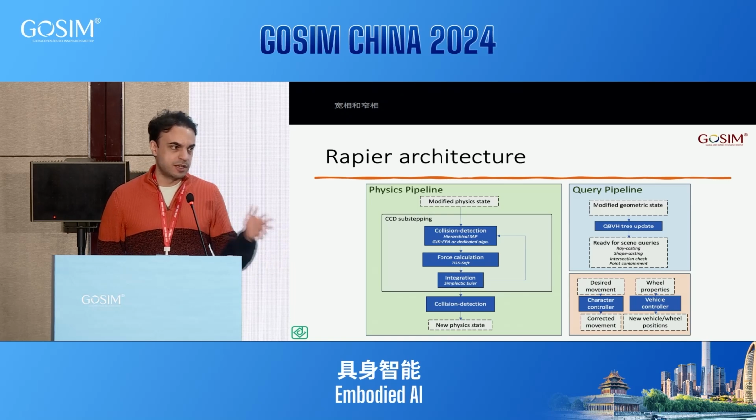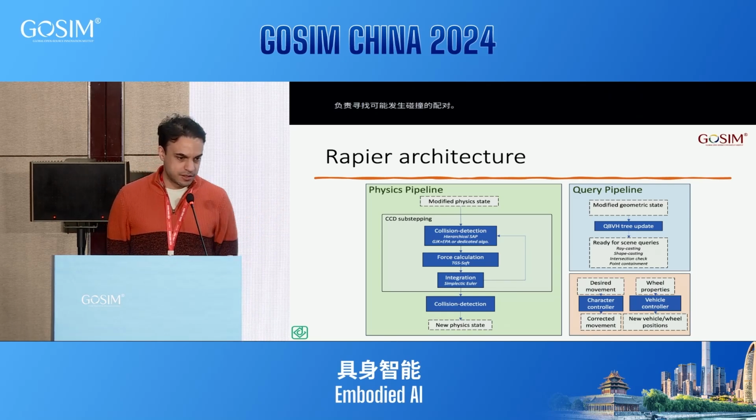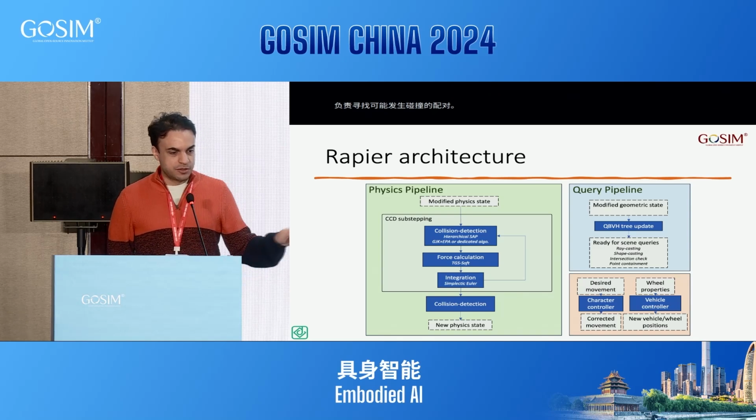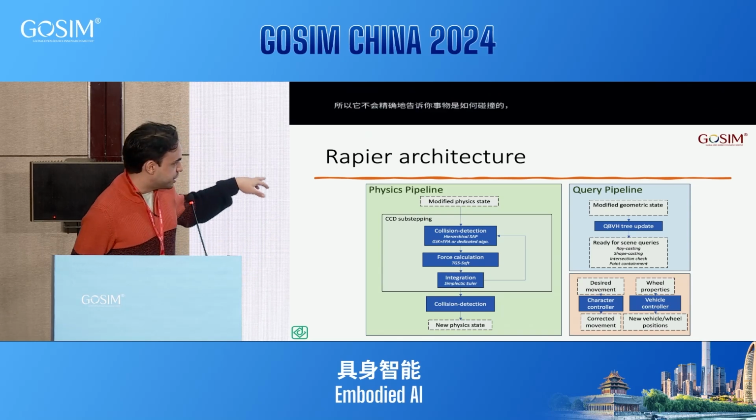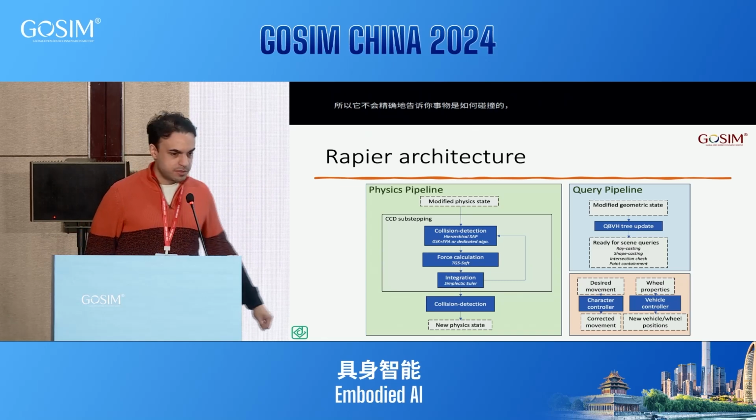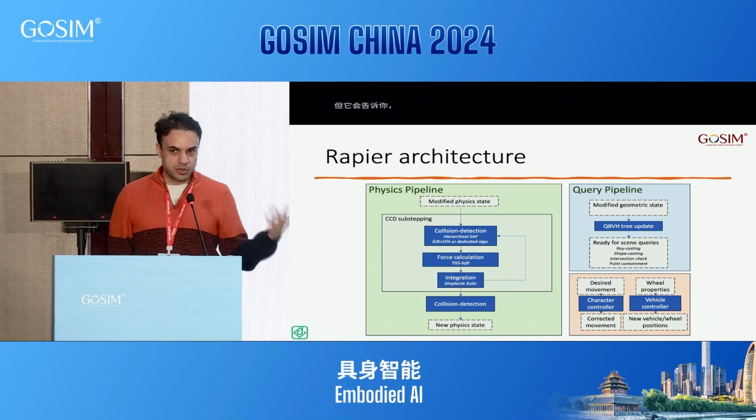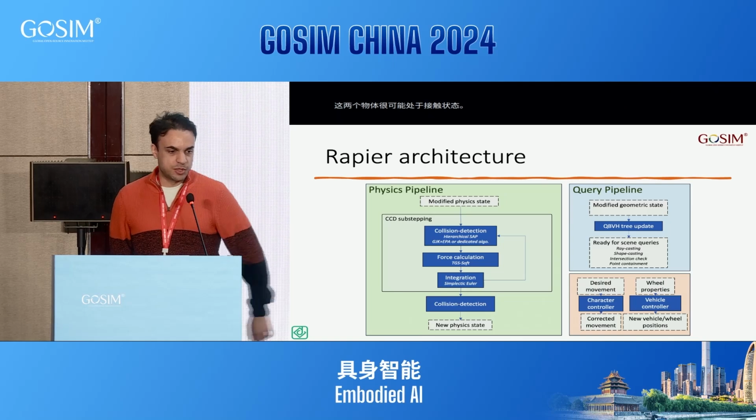So it doesn't tell you exactly how things are colliding, where things are touching, but it will tell you, okay, these 2 objects are likely to be in contact. The next step would be the narrow phase, which is the GJK plus EPA algorithm, which will compute actual contact points and penetration distances between your objects.